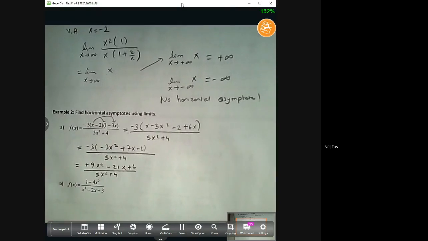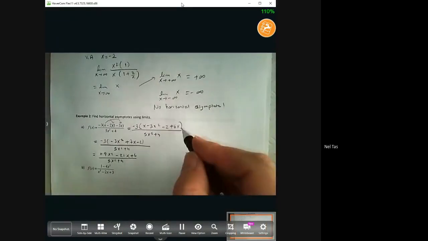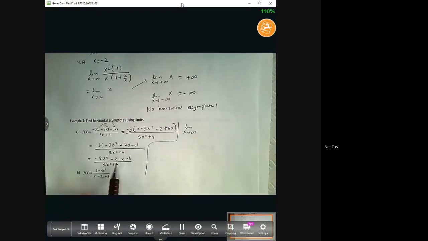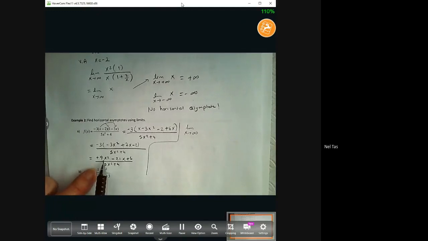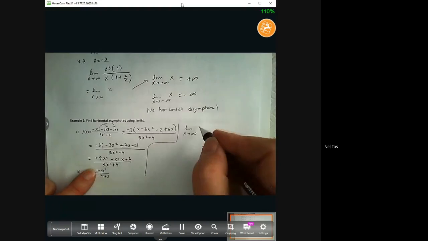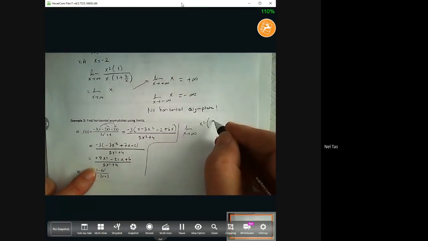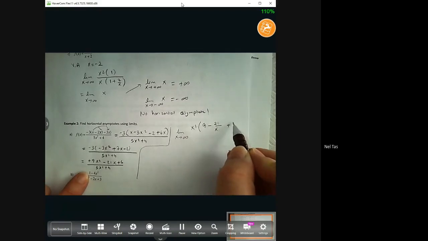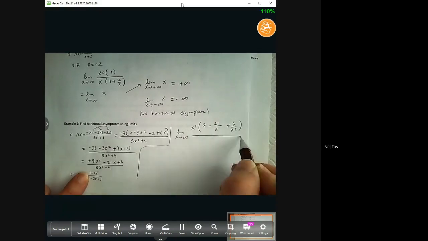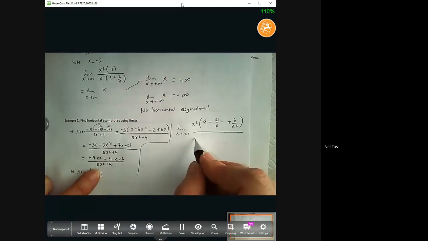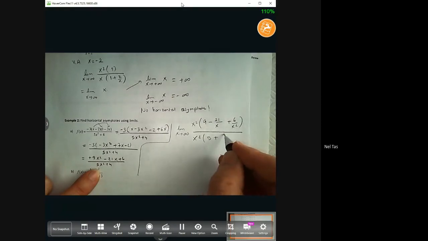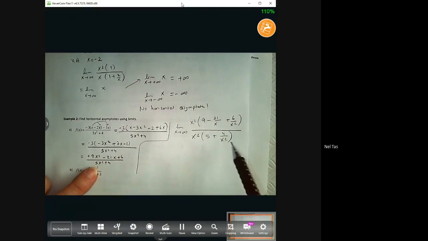Now we do the limit. The limit as x approaches infinity of f of x. Again, the highest degree is x squared in the numerator, factor it out. So you get 9 minus 21 over x plus 6 over x squared. And in the denominator, the highest degree is x squared. If you factor that, you get 5 plus 4 over x squared.